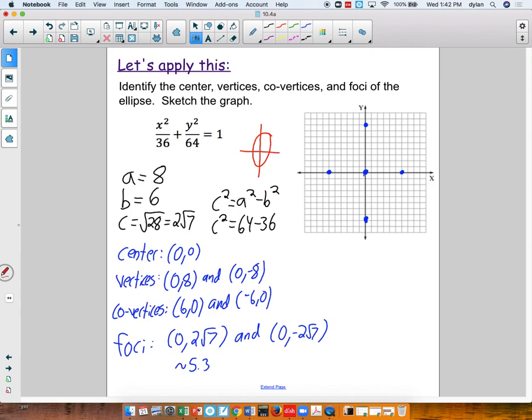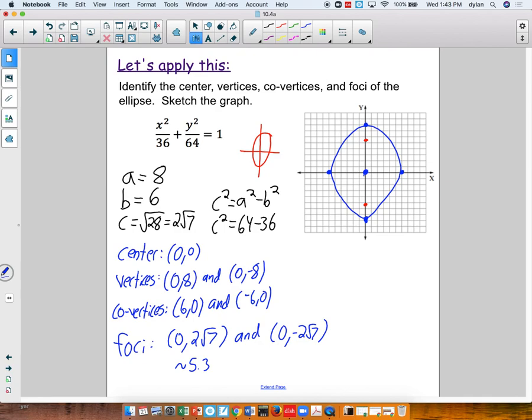So I'm going to put in my foci as well, as best I can. And then I'm going to try to draw in my ellipse, and hopefully yours will look better than mine. But the idea is that it should look as much like an oval as you can do. So this would be all the key information as well as the picture for this ellipse.